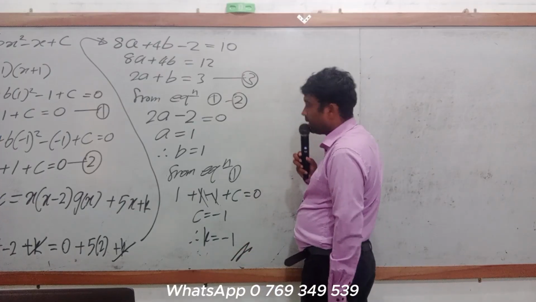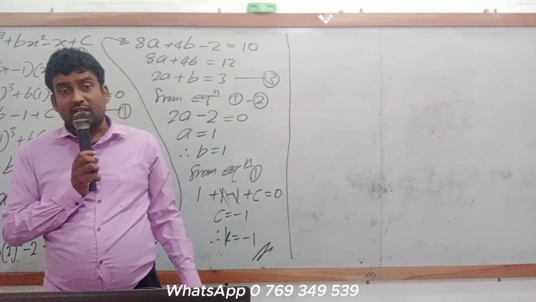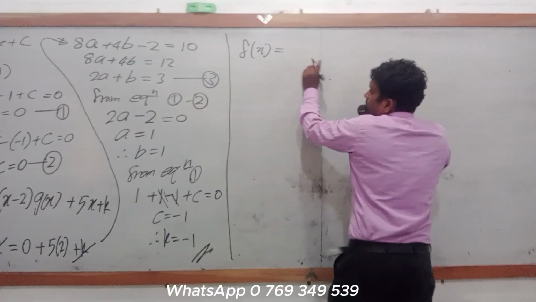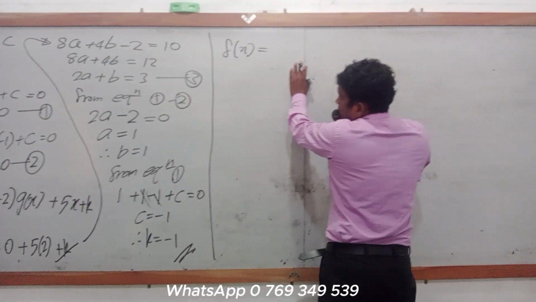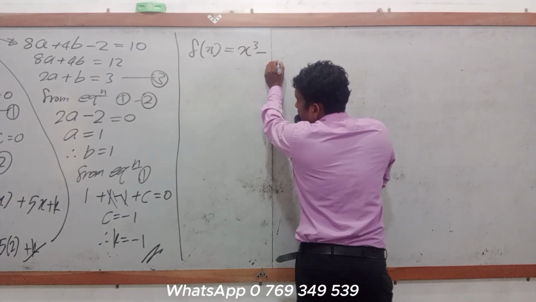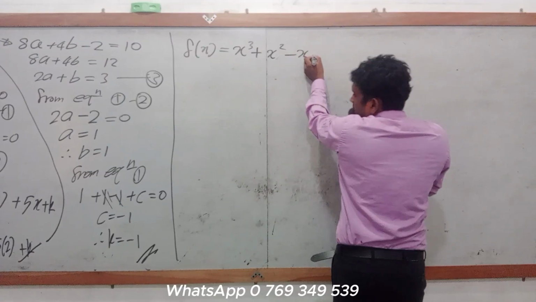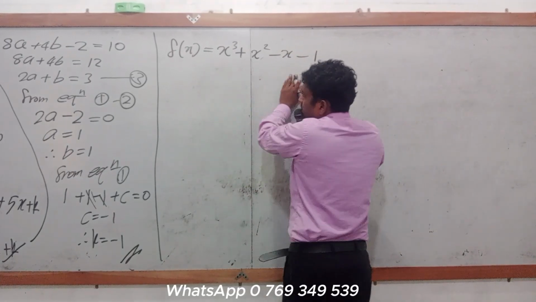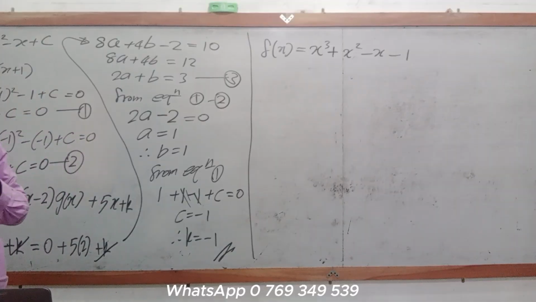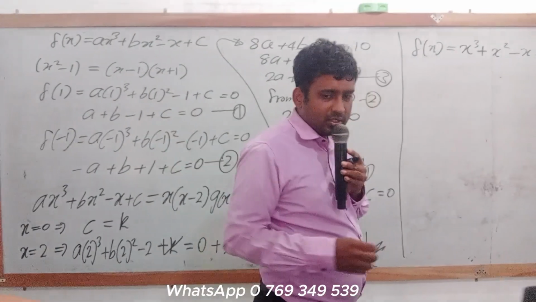They are asking for k, and after that, to factorize f(x) completely. f(x) equals x cube plus x square minus x minus 1. We can take x plus 1 as a factor.